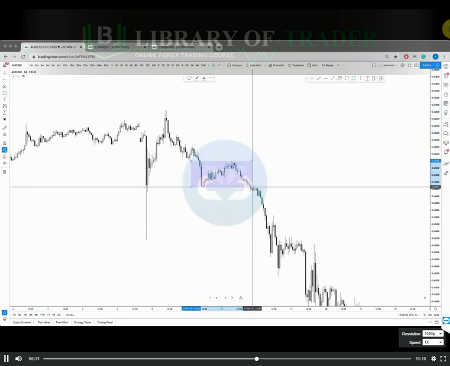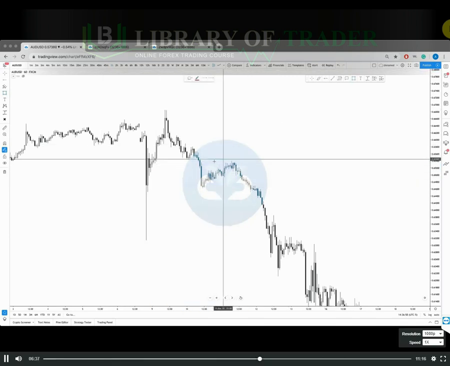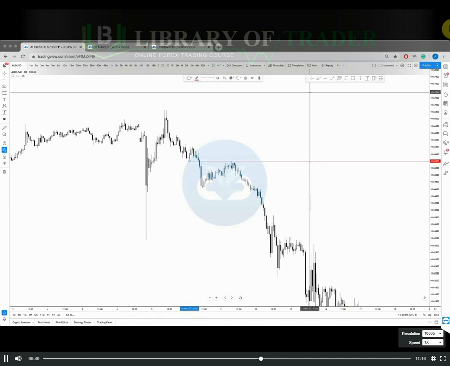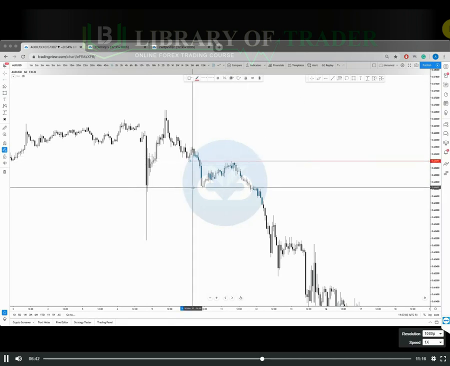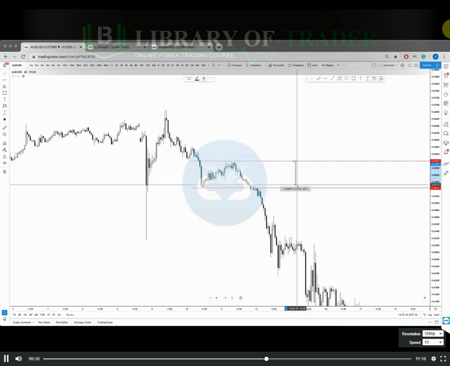All right, cool. So we're looking at this range right here, right? We're gonna point out that high there, and we're gonna point out this low here. So we're now stuck in a range between, it's a 76 pip range, right?